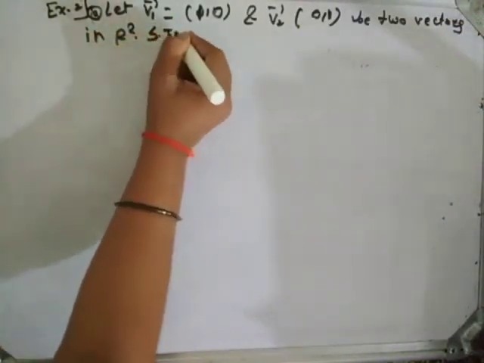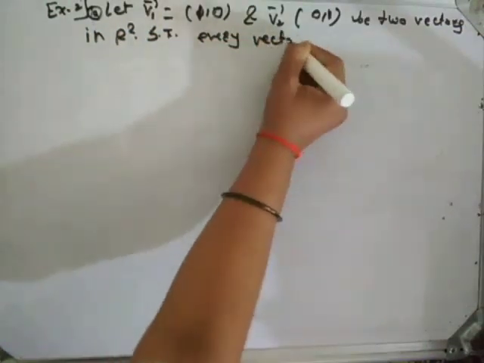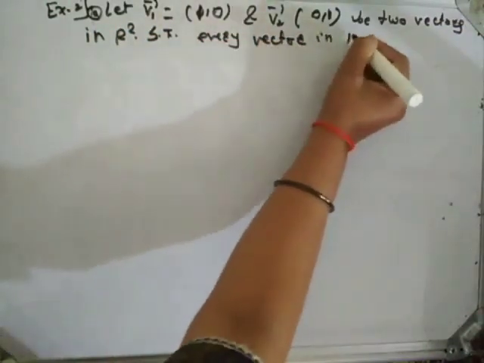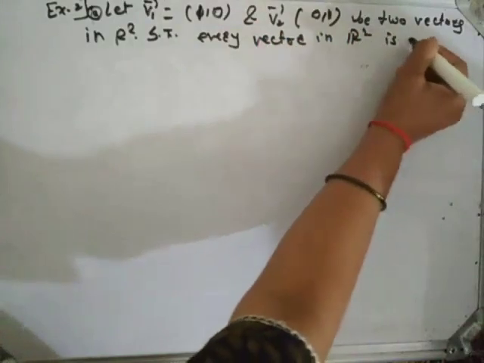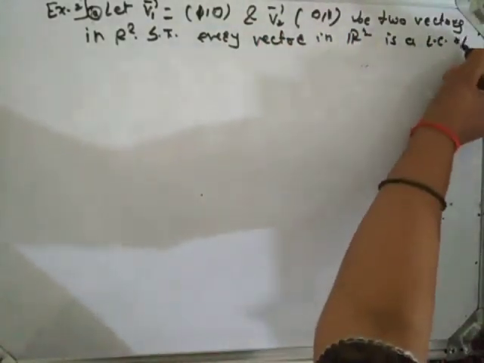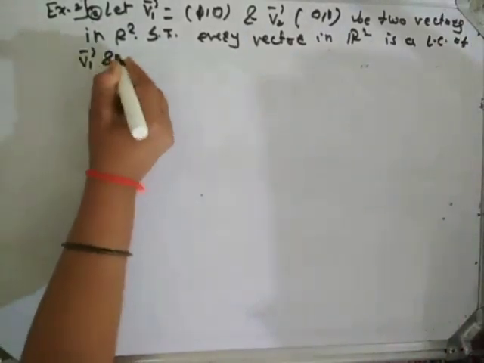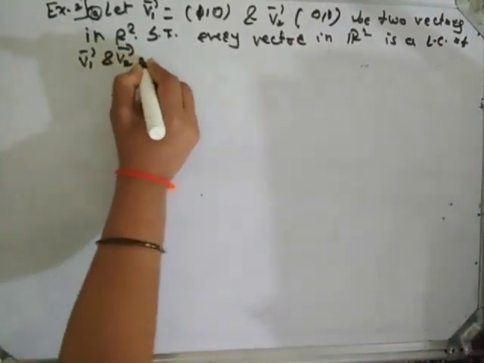Show that every vector in R2 is a linear combination of v1 bar and v2 bar.